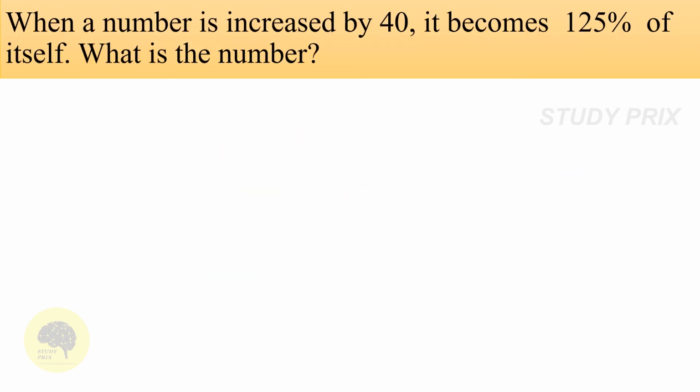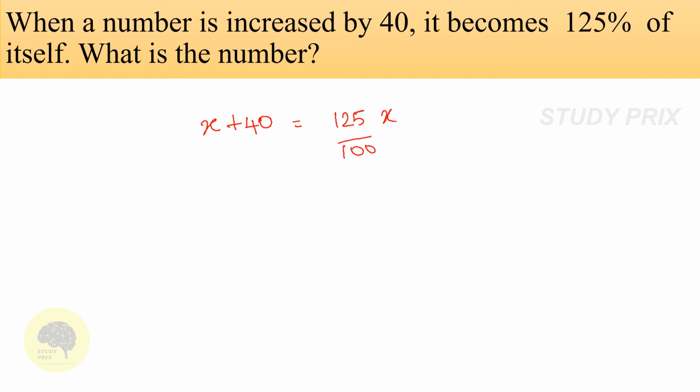Coming to the next question. When a number is increased by 40, it becomes 125% of itself. What is the number? Okay. Let's take the unknown number as x. The number is increased by 40. Therefore, x plus 40 is equal to, it becomes 125% of itself. Therefore, 125 percentage of x. Therefore 125 divided by 100.